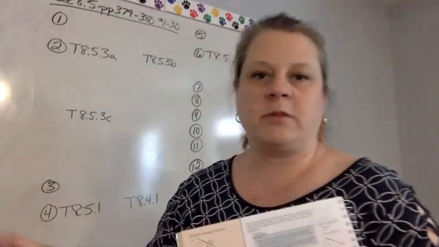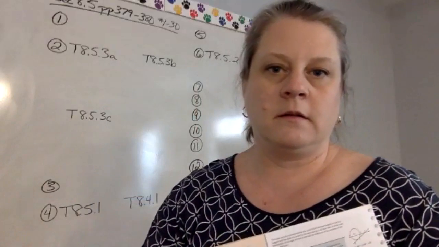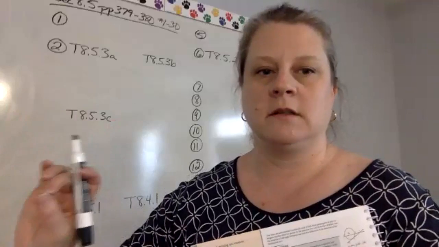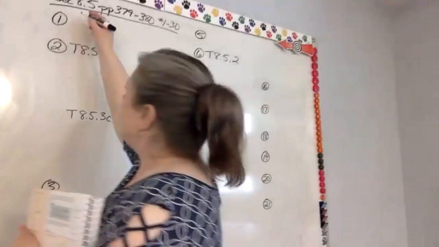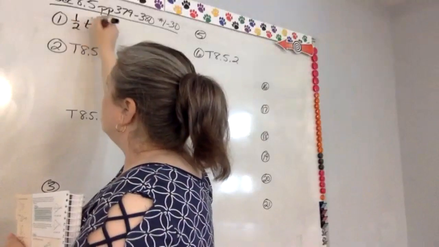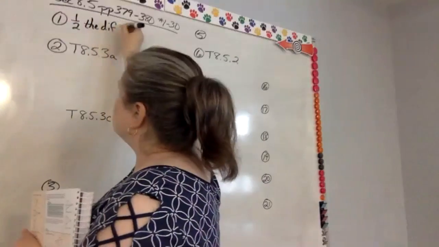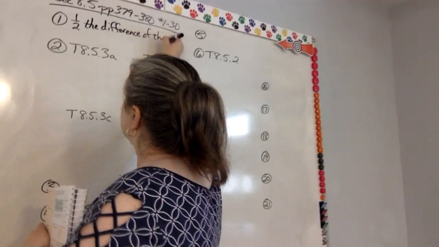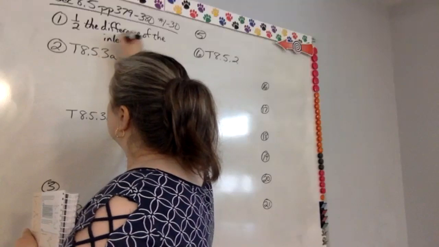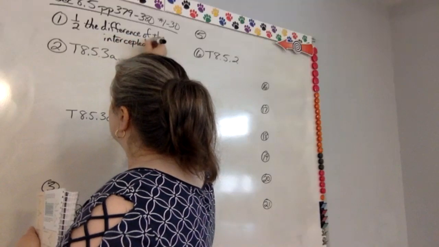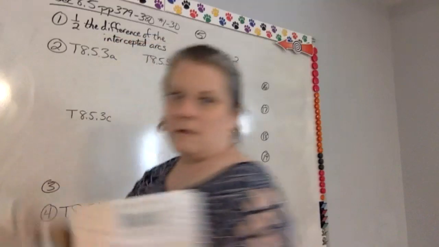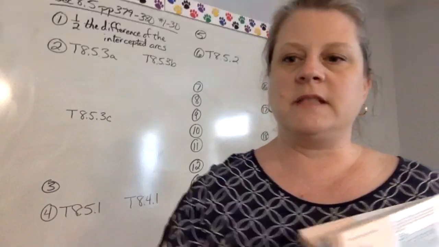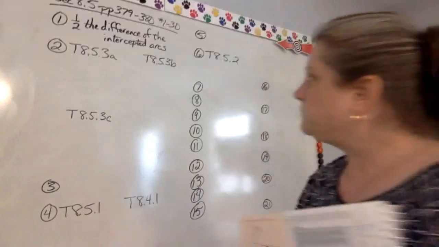Do we add them or subtract them? If it's on the outside, we subtract. So it's equal to half the difference of the intercepted arcs.